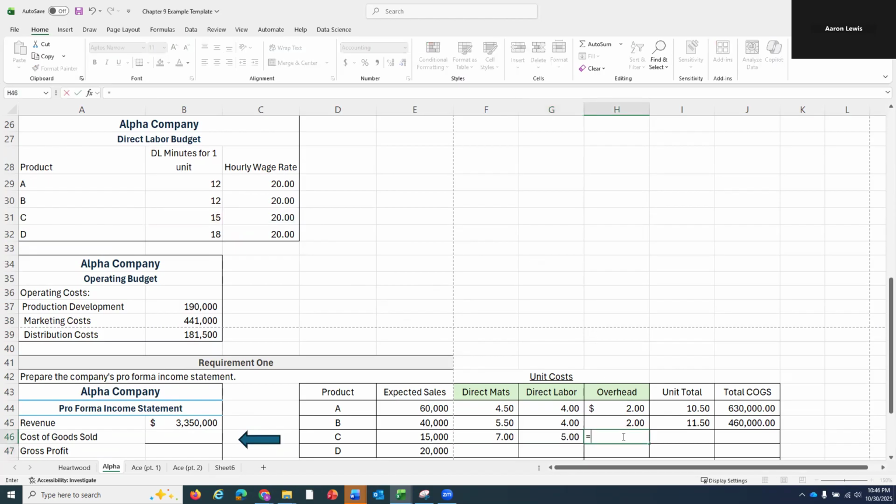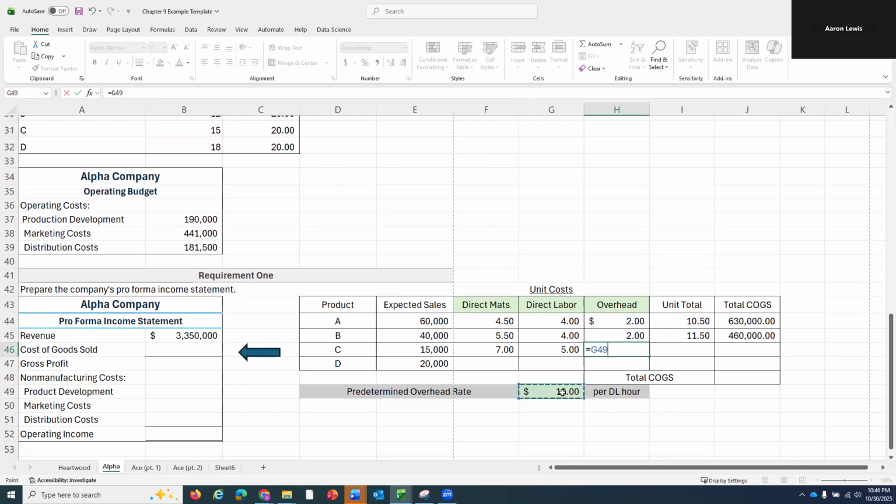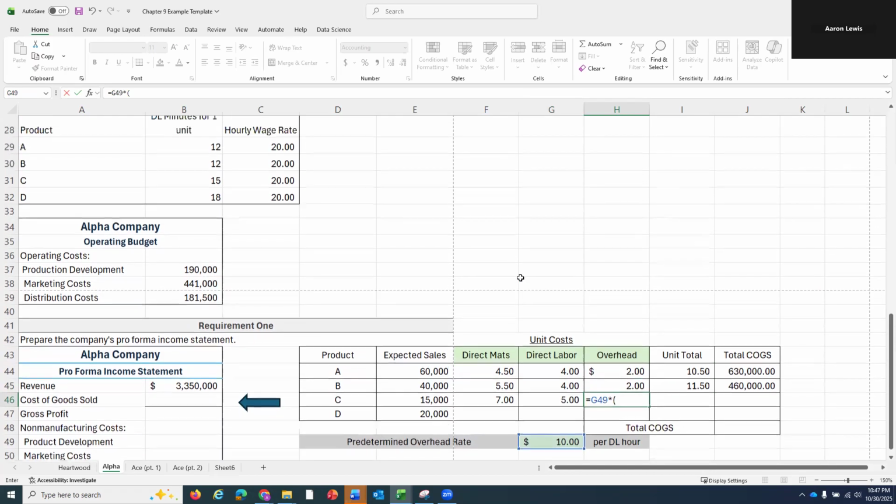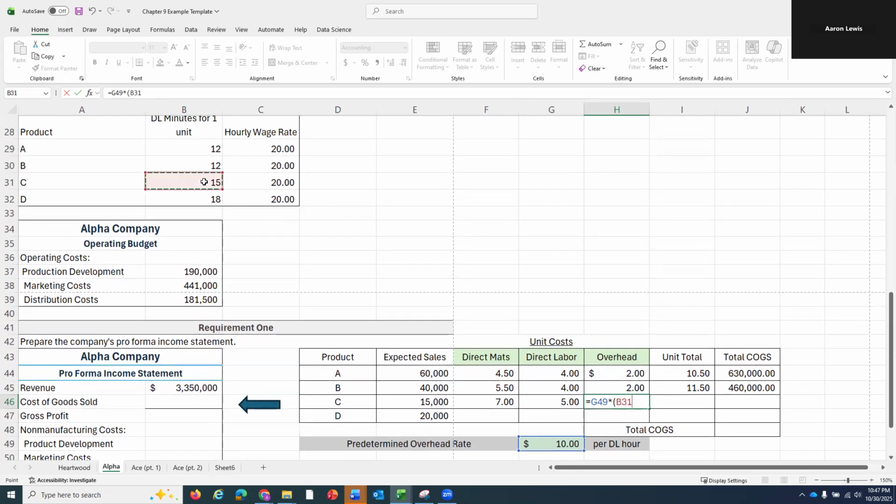And then I will do the same exact steps over here for overhead allocation: $10 being allocated for every labor hour that workers work on a job, multiplied by the portion of an hour it takes to make product C, which is still 15/60. Comes out to be $2.50.